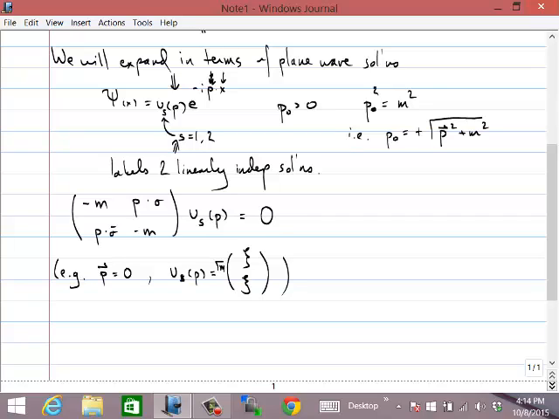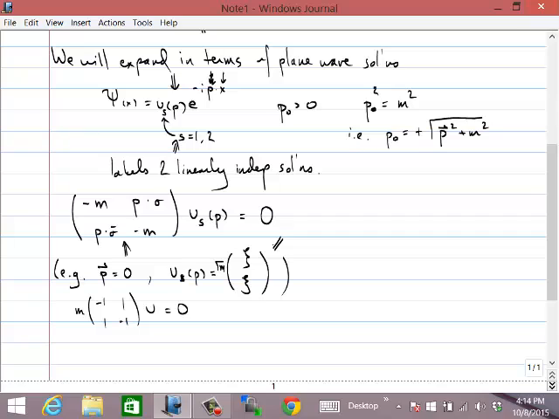So yes, if that's not obvious, just work it out, to convince ourselves. If our particle is at rest, then P is the 4-vector whose first component is m and whose other components are 0, and sigma 0 is just the identity matrix. So when P is equal to 0, what does that equation become? It becomes m times -1, 1, 1, -1, acting on U is equal to 0.